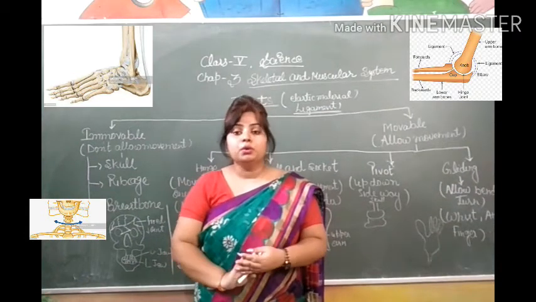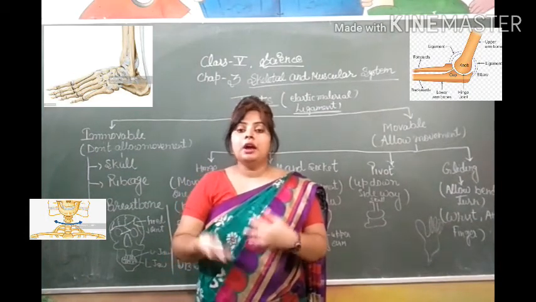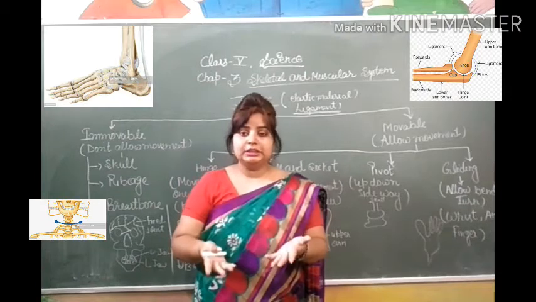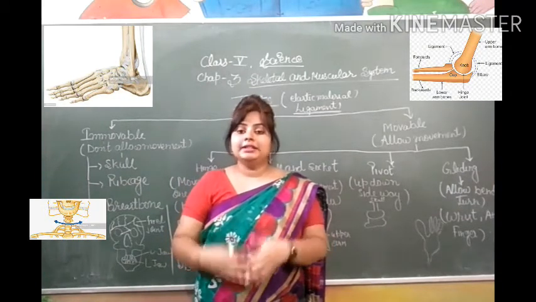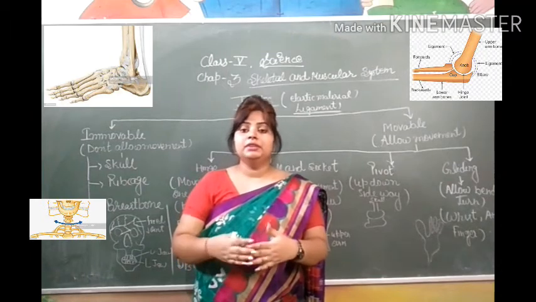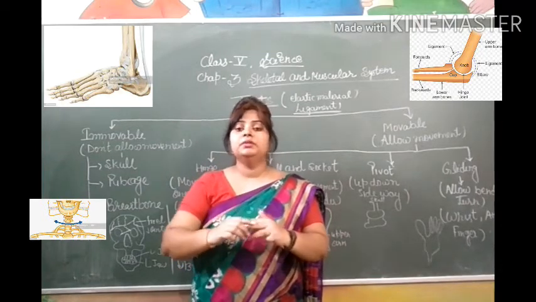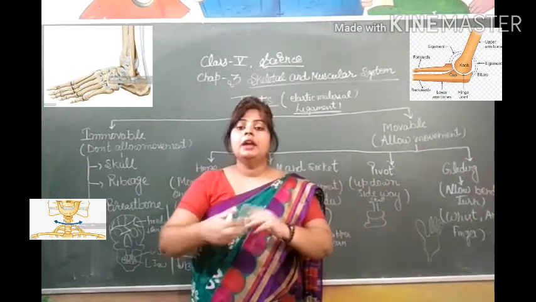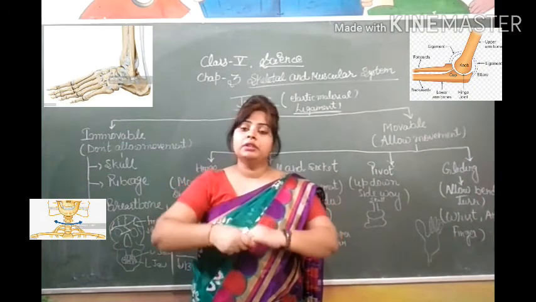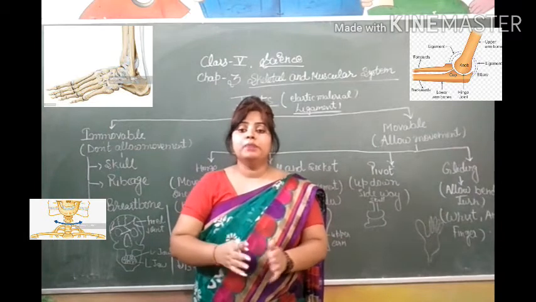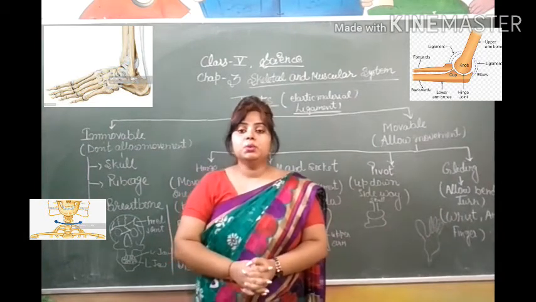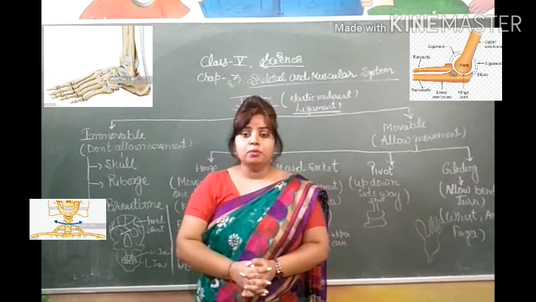Movable joints are those which allow movement. It means we can move here and there, we can sit, we can stand, we can twist our body, we can bend our body and we can rotate our body. But immovable joints do not allow movement.